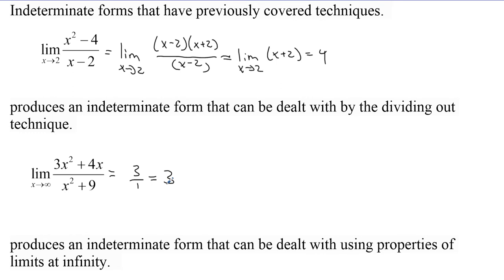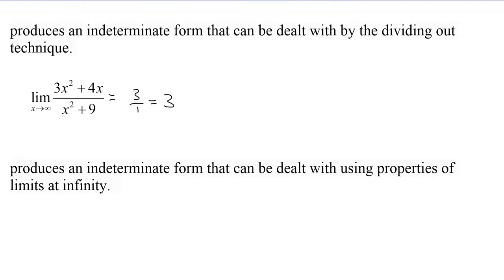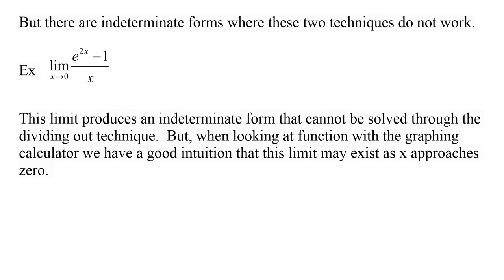All right, so we have some other techniques to already deal with some of these indeterminate forms, but that's not always the case. As a for instance, let's talk about this limit here. This is an indeterminate form where any of our previous methods for solving will not work.